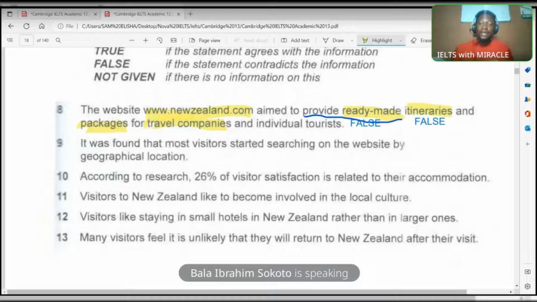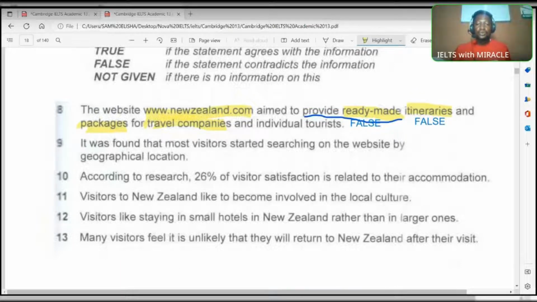Now let's look at the second question. The second question says, it was found that most visitors started searching on the website by geographical location.